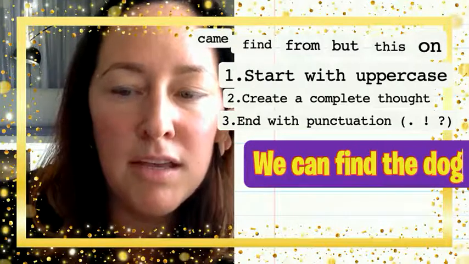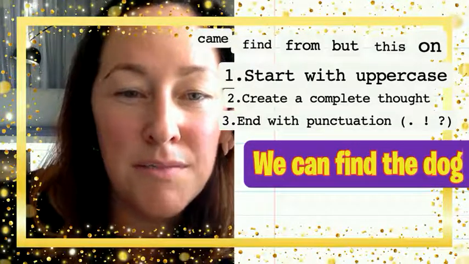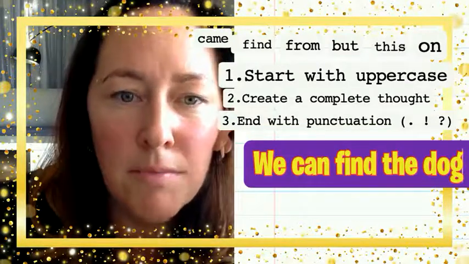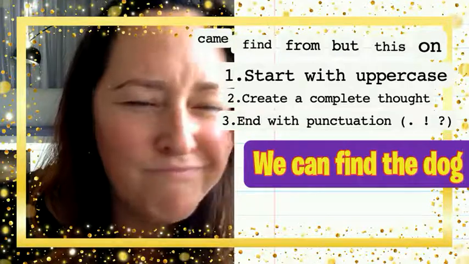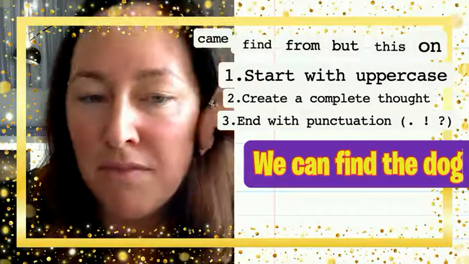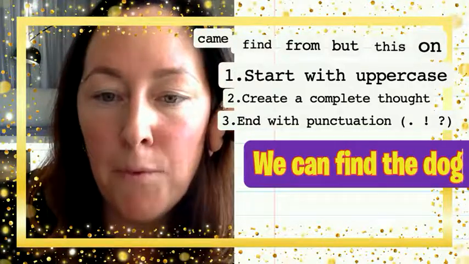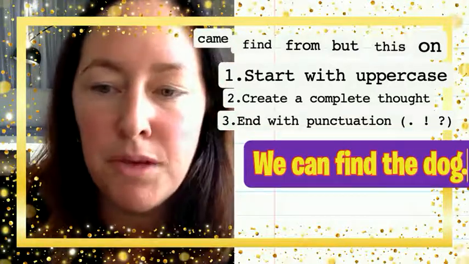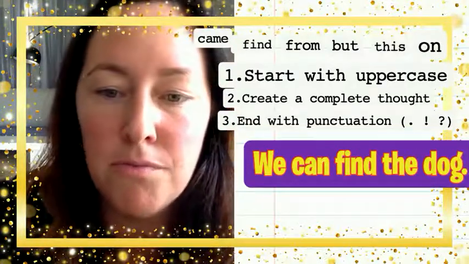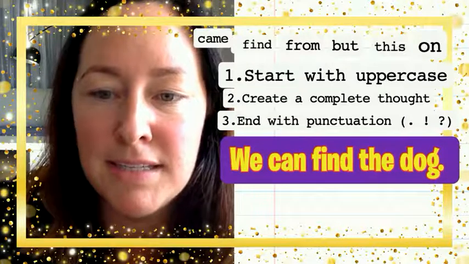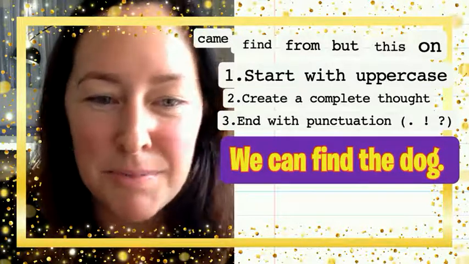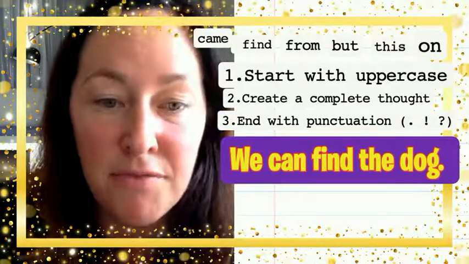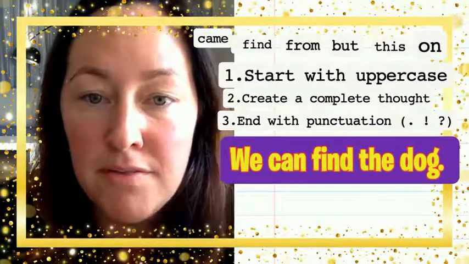We can find the dog. Am I saying it just like a simple sentence? Am I asking a question? No, because then I would say, can we find the dog? We can find the dog! Am I really excited? It kind of depends on what you want to say. There's no exact answer for that. Sometimes it's an exclamation mark, sometimes it's a period. But that's an example of a sentence for the sight word find.